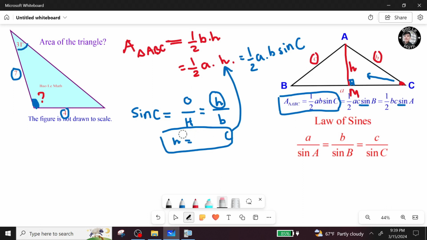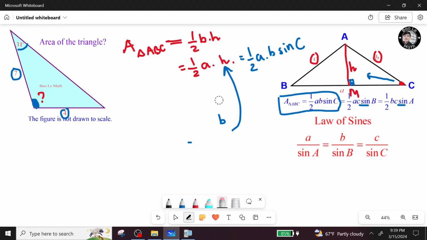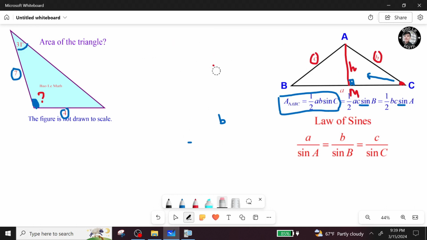Alright, let's prove the law of sines. I'm going to pick the first two formulas, because they are equal.